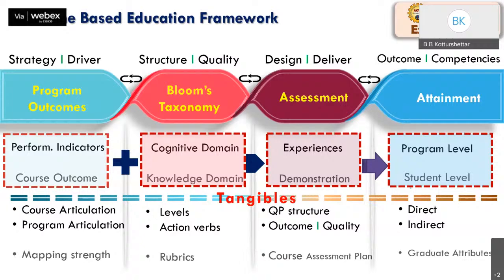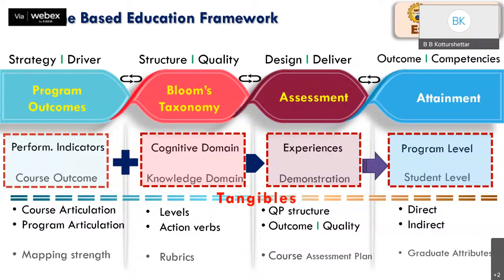And for taking this forward, we come across the stages of coming up with the course articulation matrix, the program articulation matrix, and knowing the mapping strength. All these things are going to be discussed in the workshop, maybe in the next session.